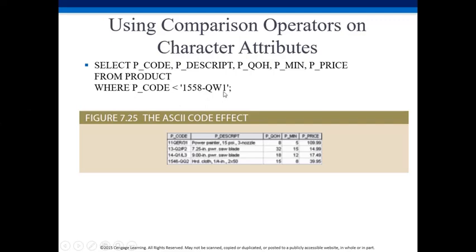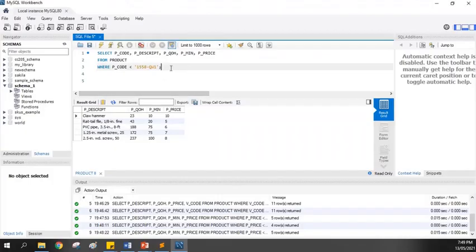Okay, so let's try this one. We are checking the P code, which is alphanumeric. So here we have the query. Select the code from product where the P code is 1558-QW1.